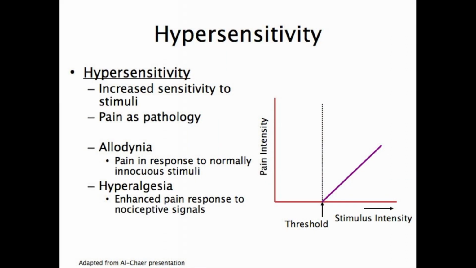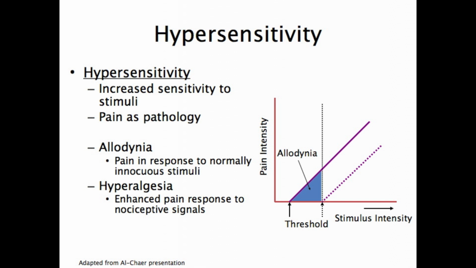So what we really need to focus on in medicine is pathologic pain. Pain that's not helpful. It's not adaptive. And we call this hypersensitivity. This is an increased sensitivity to painful stimuli. It encompasses two phenomena: allodynia, which is pain in response to a normally non-painful stimulus.